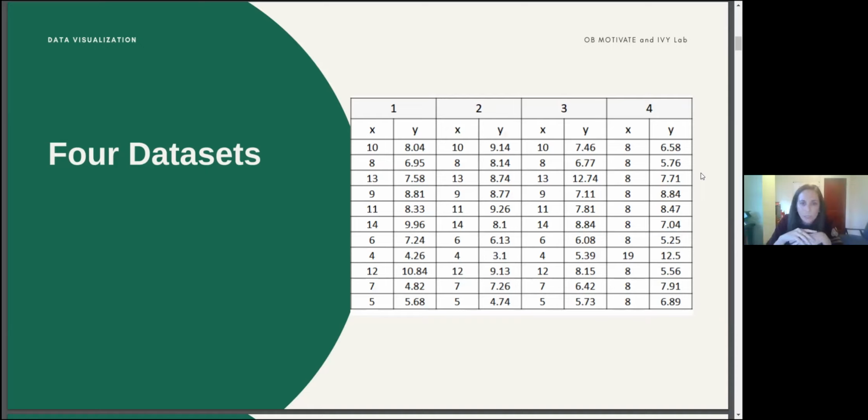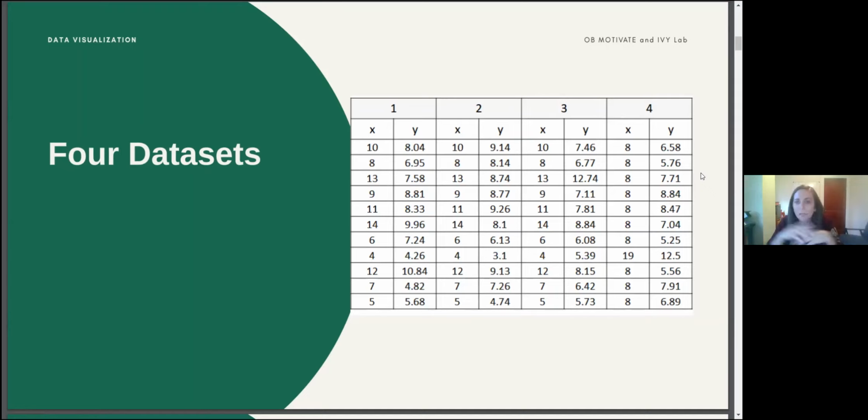And you could maybe look at it a little longer and say, oh gosh, for the first 3 data sets, all the X variables are the same, but not for the 4th data set. But that's really where it stops.